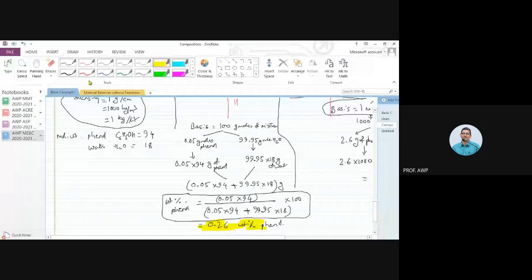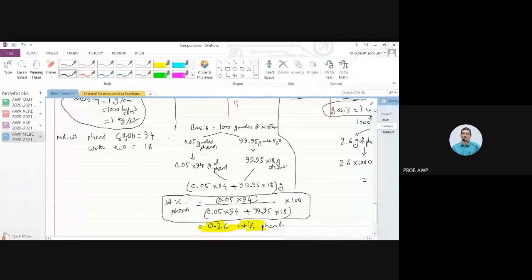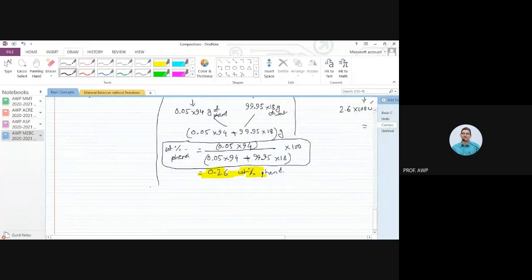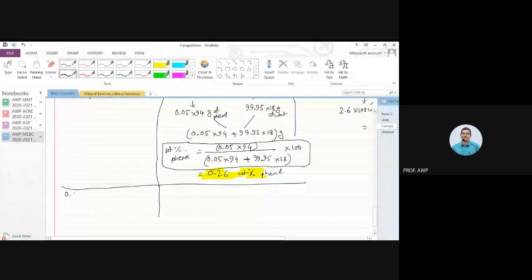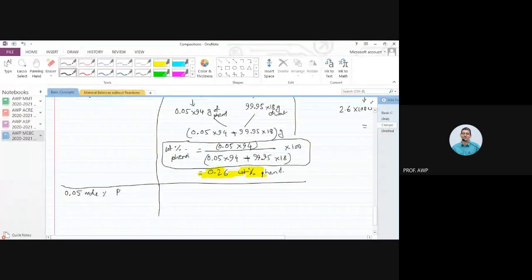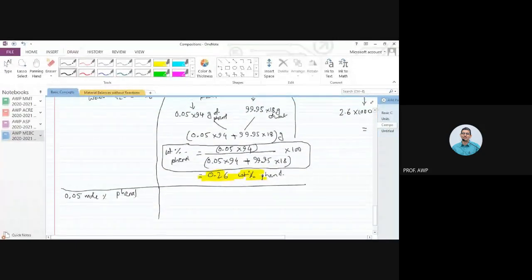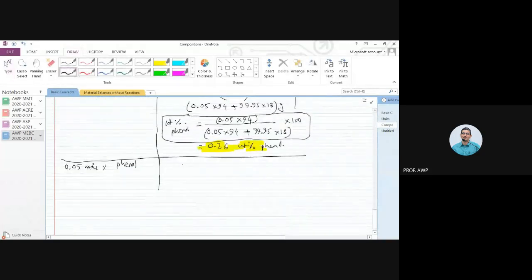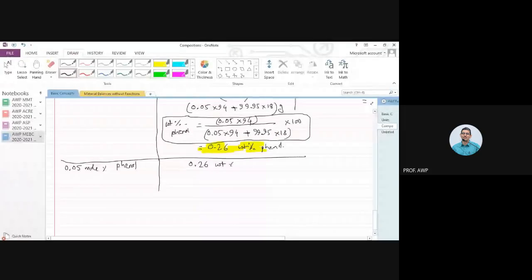So rather than talking about percentage, we talk about another way of representing the composition. We have 0.05 mole% phenol, or we have 0.26 weight% phenol.